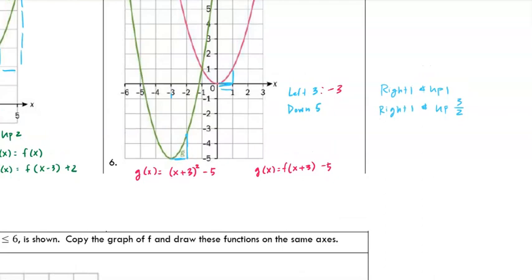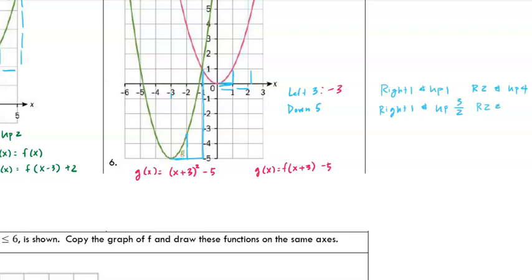Okay, and then we could try another one. We can try right 2, up. Let's just write it shorthand. Right 2 and up 4. It's going to be right 2 and 1, 2, 3, 4, 5, 6.